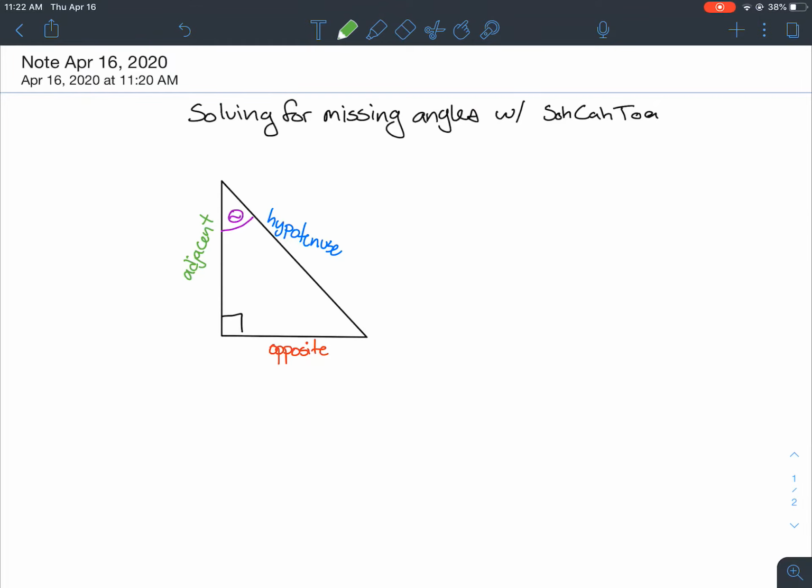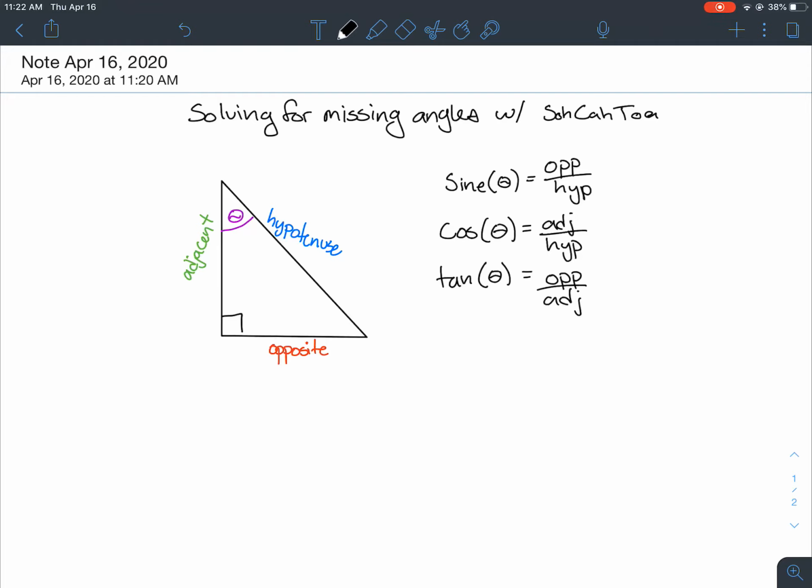Those are going to allow us to use, like we did last time, sine of theta, which is equal to opposite over hypotenuse, or cosine of theta, which is adjacent over hypotenuse, or tangent of theta, which is opposite over adjacent.